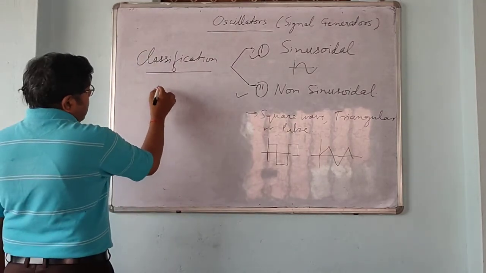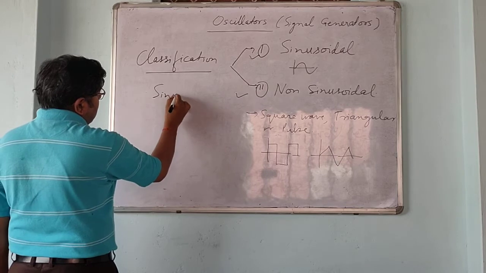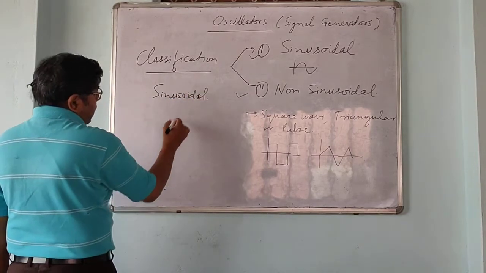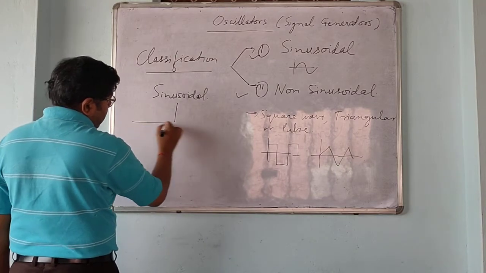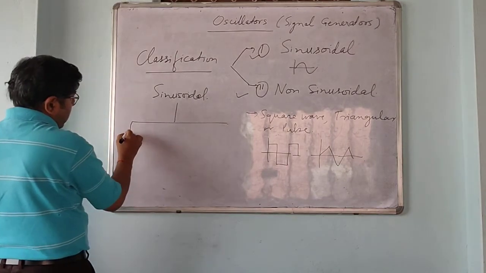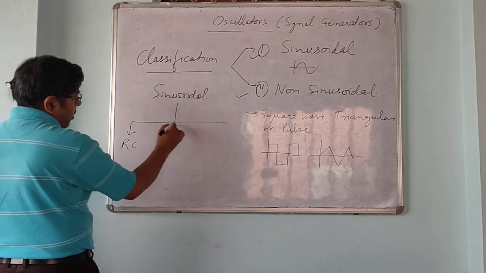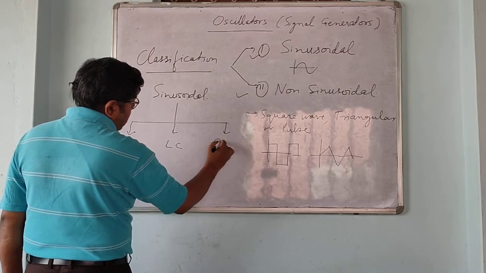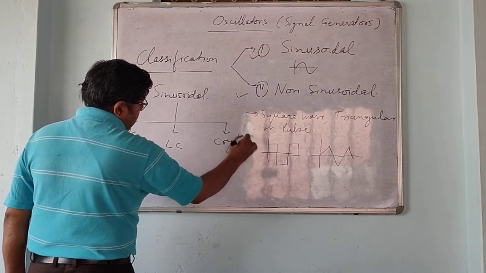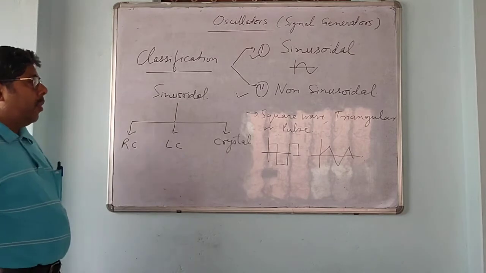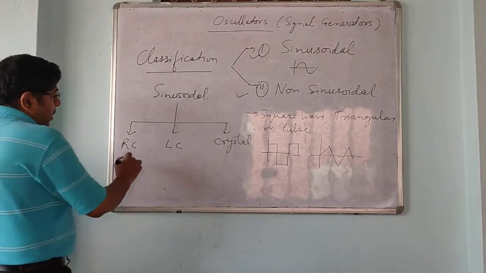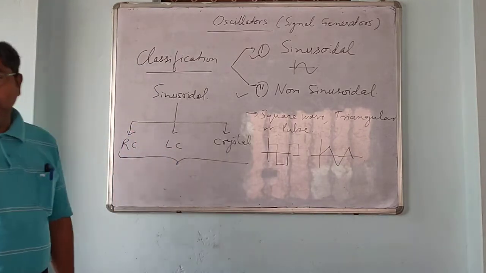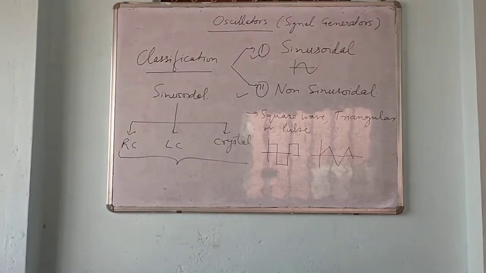Again, sinusoidal is classified into three categories: RC, LC, and crystal. So there are basically three categories: RC, LC, and crystal.